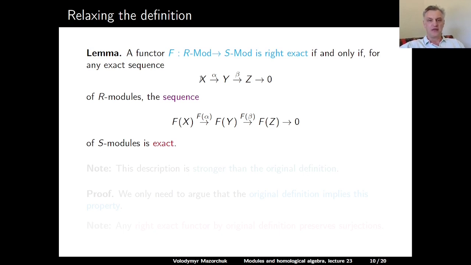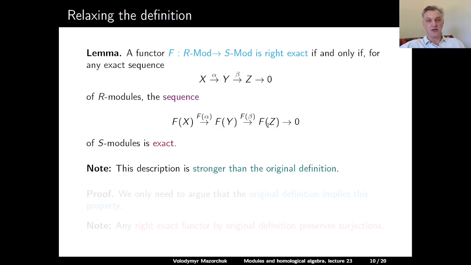And here we see how more symmetric this definition is, because we start from the same type of sequences which we get at the end. Note that this description is stronger than the original definition, because of course in any short exact sequence we can just delete 0 and get a short right exact sequence.